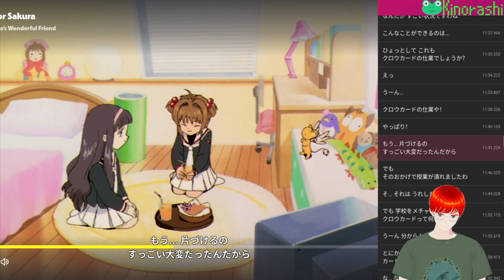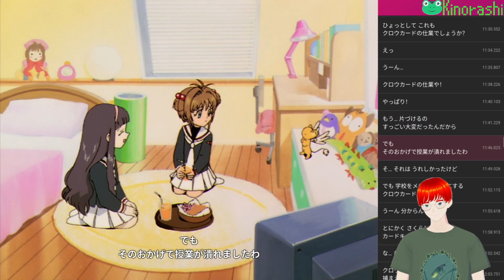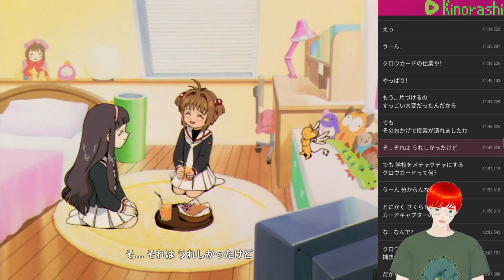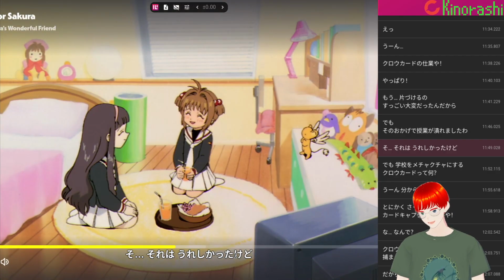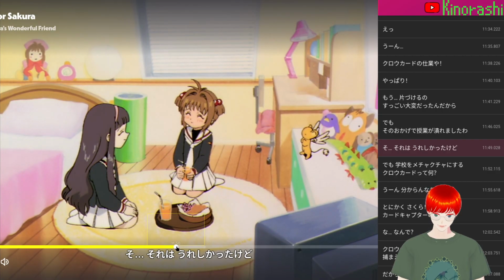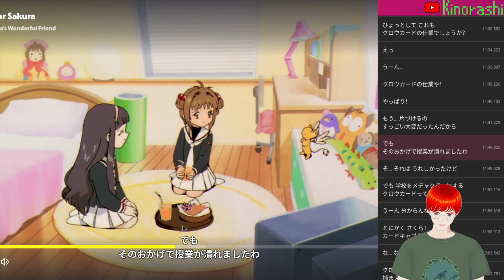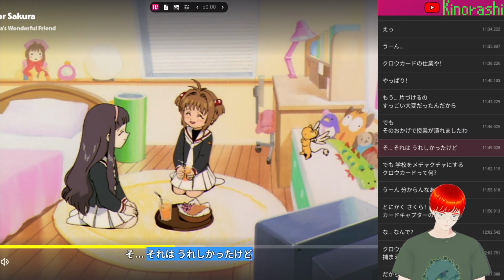それは嬉しかったけど, so as that thing being happy, let's see how is kedo being used? So that's like that. As for that thing, was happy.